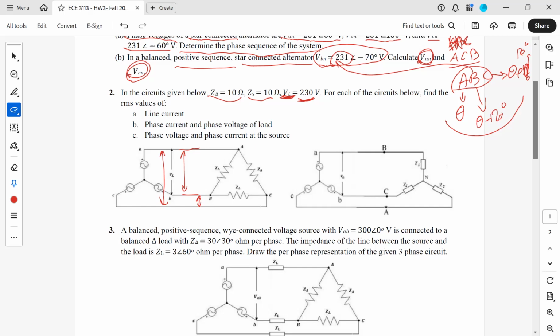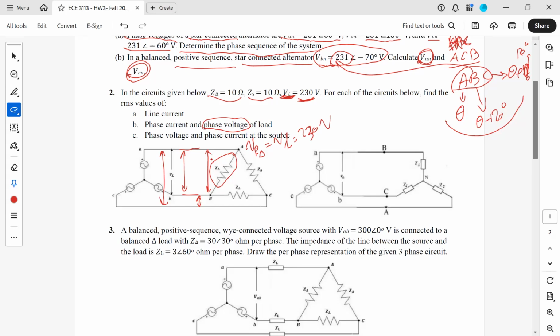Since it's delta connected, we know that the voltage across each phase of the load is going to be equal to the line voltage, because each load is actually connected between two lines. So the phase voltage of the delta connected load is going to be the same as the line voltage, which is 230 volts.